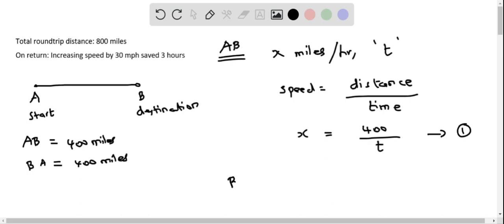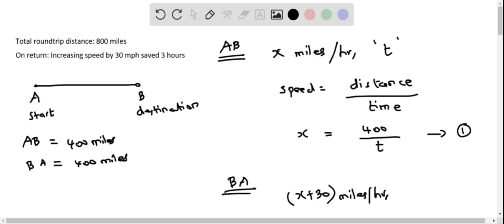Now let's take the return journey, that is BA. In BA, it is given that we increase the speed by 30 miles per hour. So if the speed for the trip AB was X miles per hour, then the speed for the return trip is 30 more than X, that is X plus 30 miles per hour.